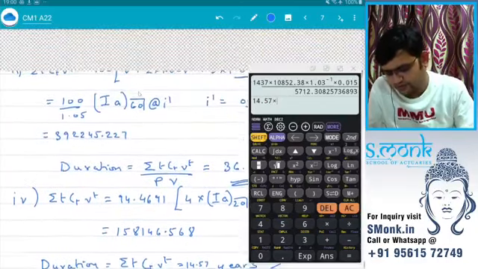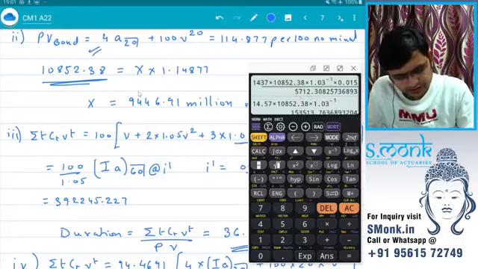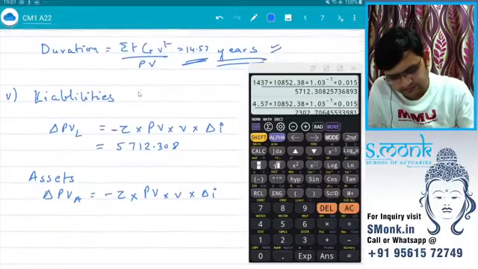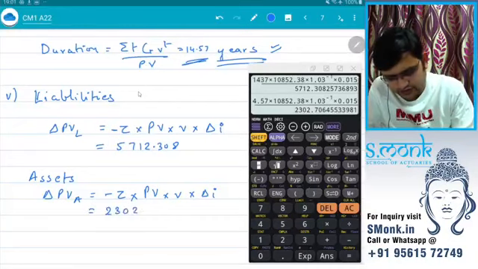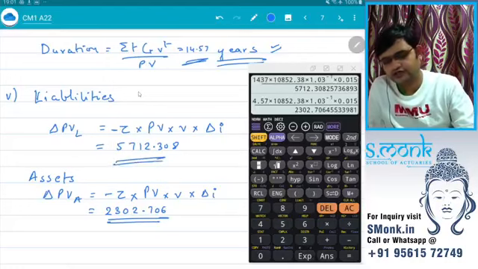Present value is the same for both of them, 10852.38. Discounting factor minus 1. Change in rate of interest 0.015. So the change in present value of assets would be 2302.706. So there will be a lower change in assets than in liability. So clearly we'll have a loss.